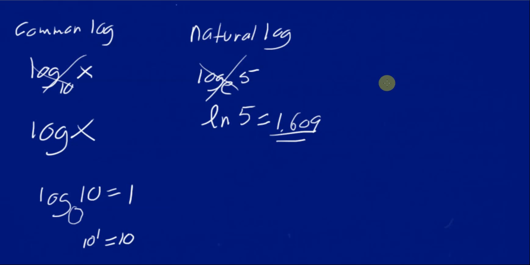Now, what happens though when I want to take the log base 5 of 2? Well, base 5 is not in my calculator. So we have to come up with something, and we've got the change of base formula.